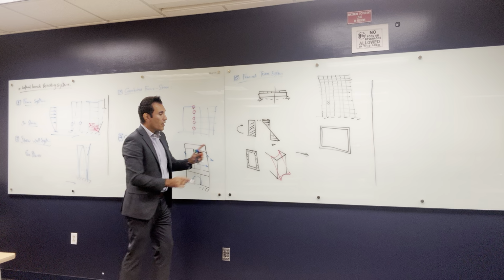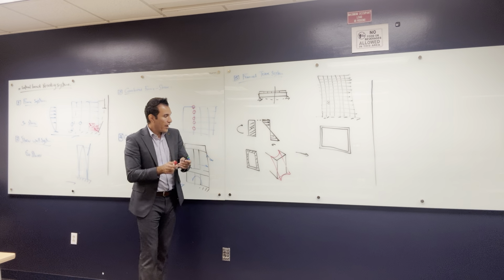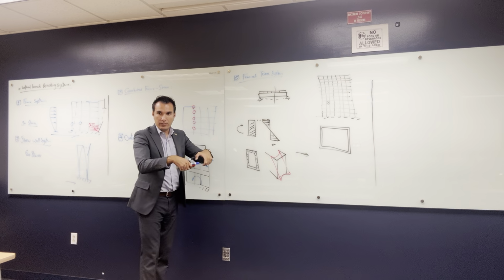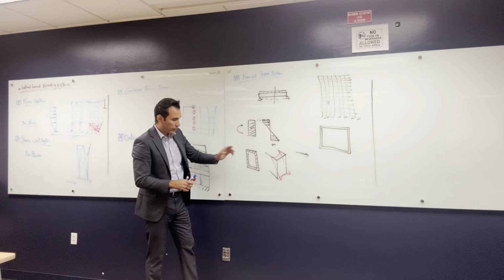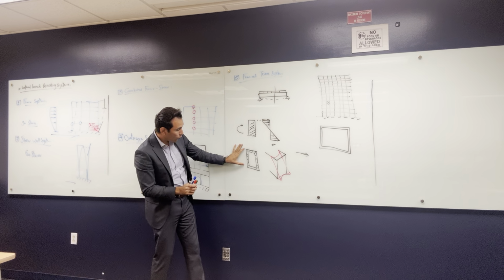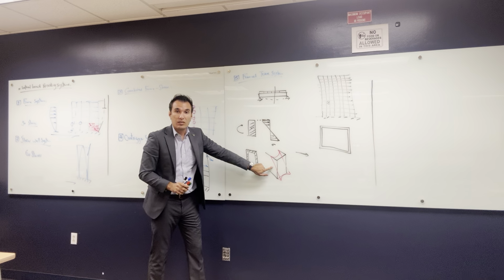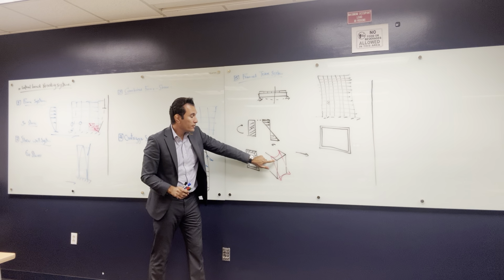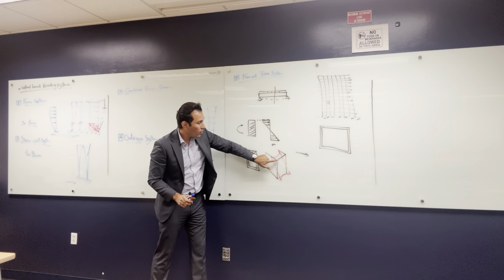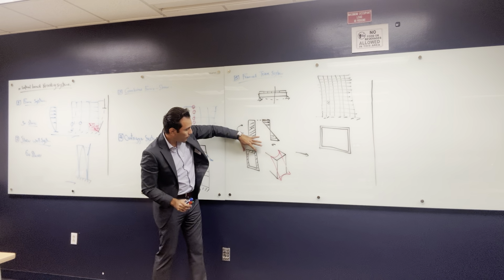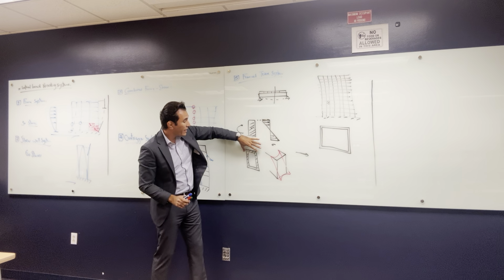What happened here? When you have this section wanna bend, okay? This is a solid, and the bending stress on this solid width is gonna be linear like this because it's a solid. But the thing is, when you have the stresses on the top flange here, what is gonna happen?